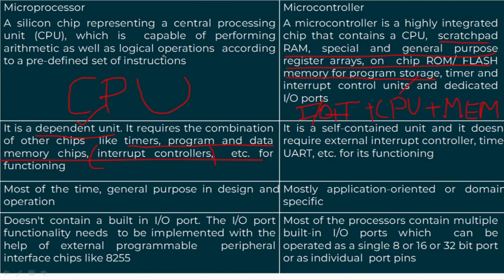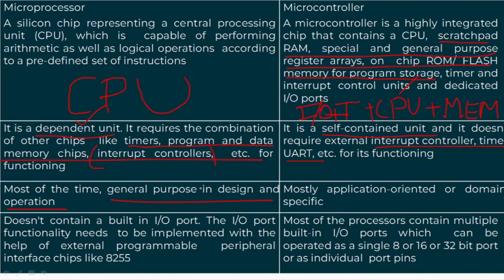And coming to this side, it is a self-contained unit because you already know it has a lot of essential components already. Any external interrupt controller, timer, UART and so on is not required for its functioning. Now this microprocessor most of the time is general purpose in design and operation.